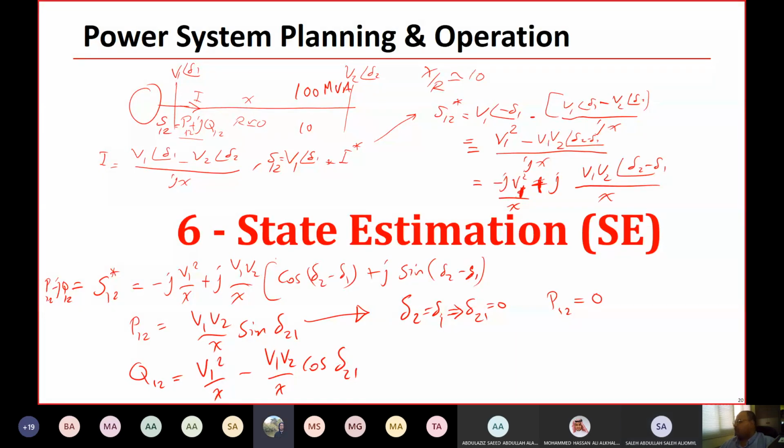Very secure. Why very secure? Because if we have any disconnection we still have a very large margin to reach the capacity of the transmission line, right?